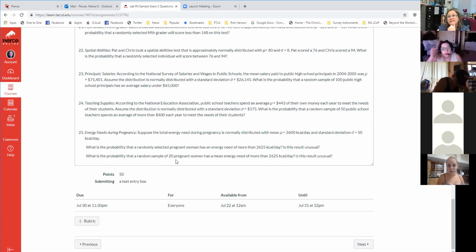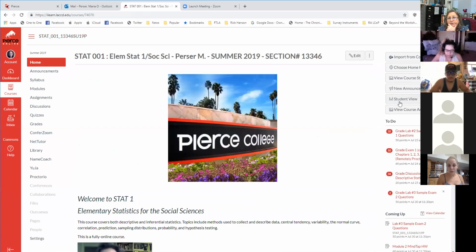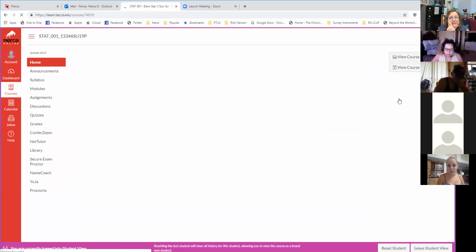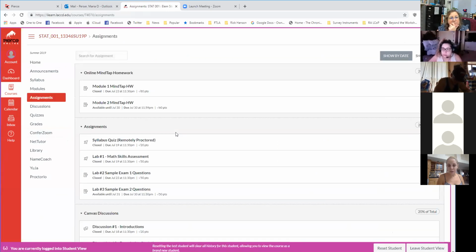So, Professor, I have a question. Would it be this formula right here? Yes, I could see. It's the one that says sigma M. Let me go back into student view, just like we did last night. Assignments number 3.